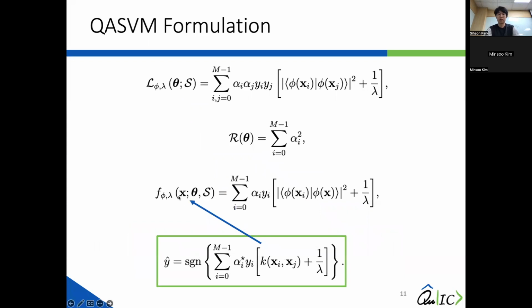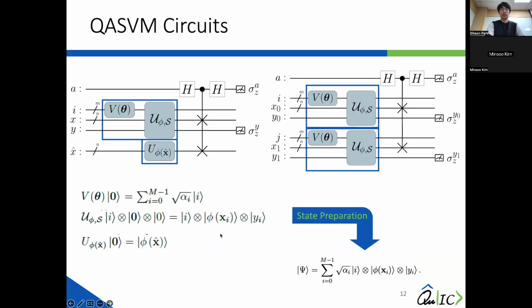Okay, so this term would be the classification or decision function. These are the circuits for each component. So U maps or encodes the classical data to some kind of quantum states, and V is just some ansatz that we expect to encode the alpha, which is the weight I mentioned before.